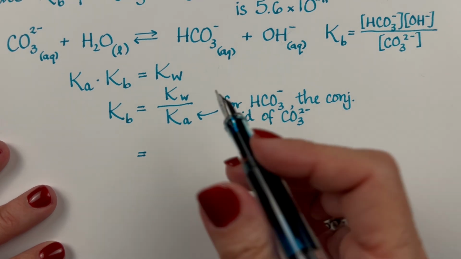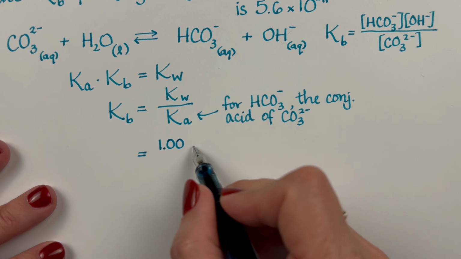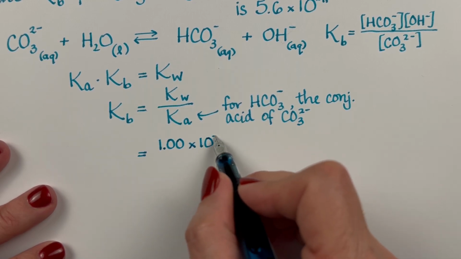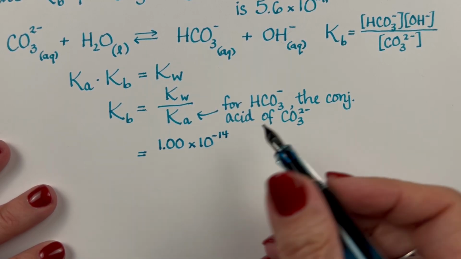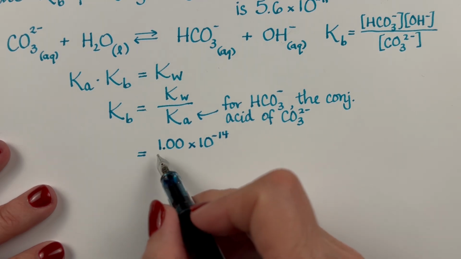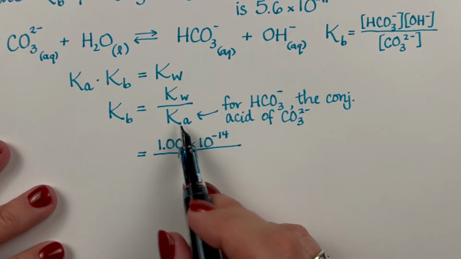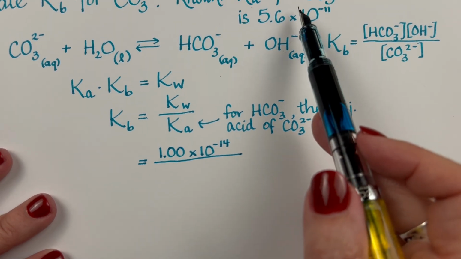Kw is 1.00 times 10 to the minus 14. And just as a reminder, equilibrium constants, those values are unitless. And then divide it by Ka. That is known.